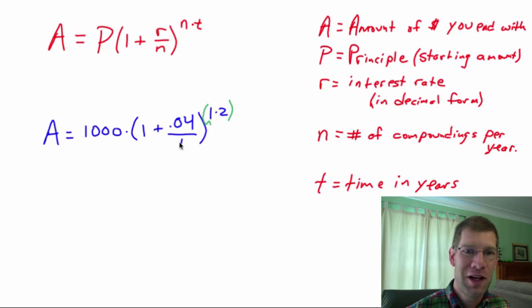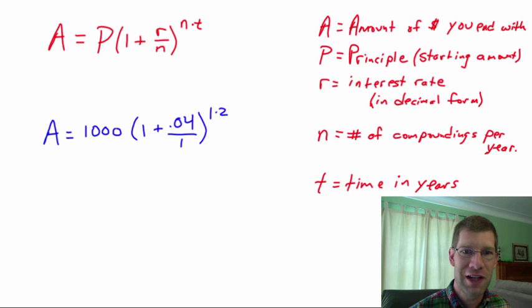Otherwise, it'll just do this to the first power and then take that answer divided by 2. So add parentheses in there. You may want to put parentheses in the equation as well to help you remember till you get used to it. But if you punch that in, you'll get $1,081.60.